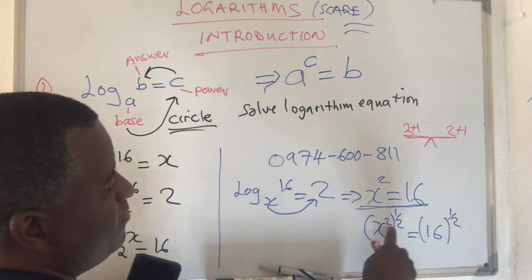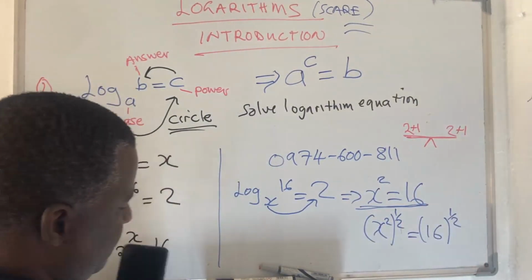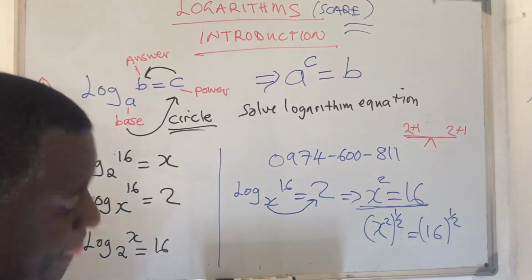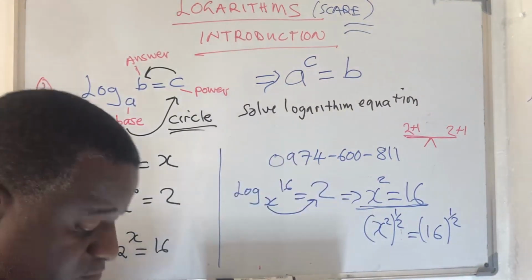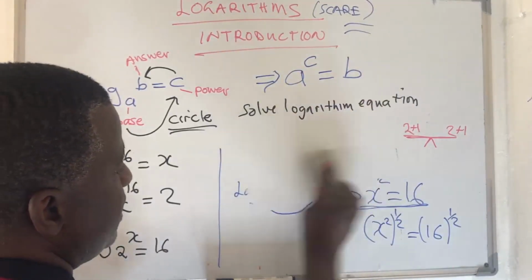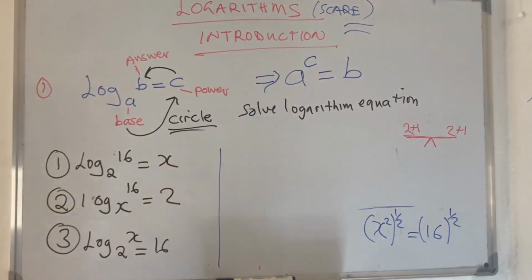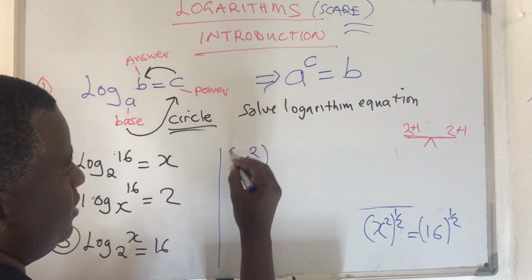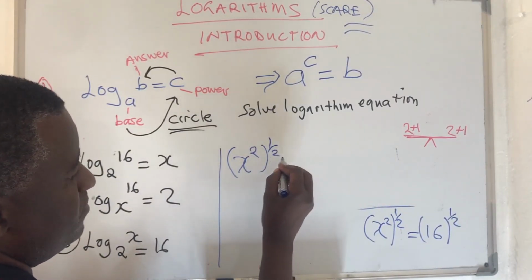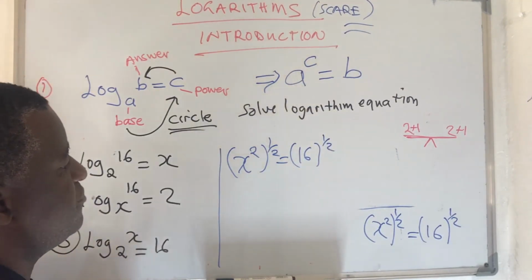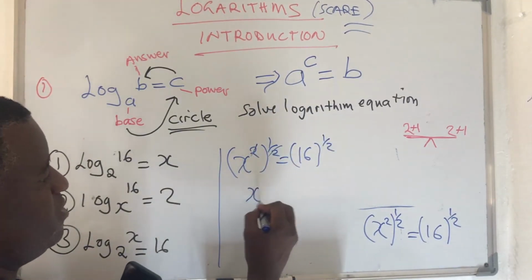So here I've done to the power half, and the other one to the power half, I will still get the same answer because the equation is still balancing. My space is running out, so I'm just going to go on top here, where I'm going to write this one. So I've got x to the power 2 is equal to 16, to the power half. Okay, so this and this will cancel, so I'll remain with x.